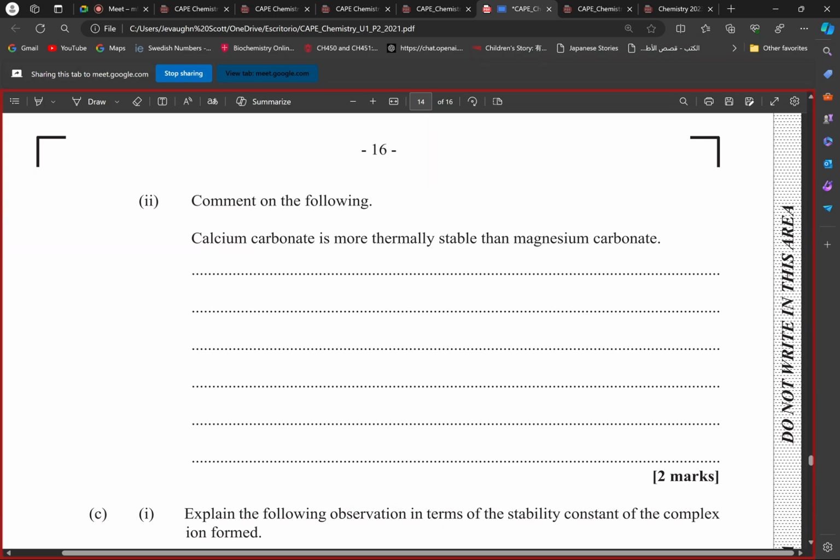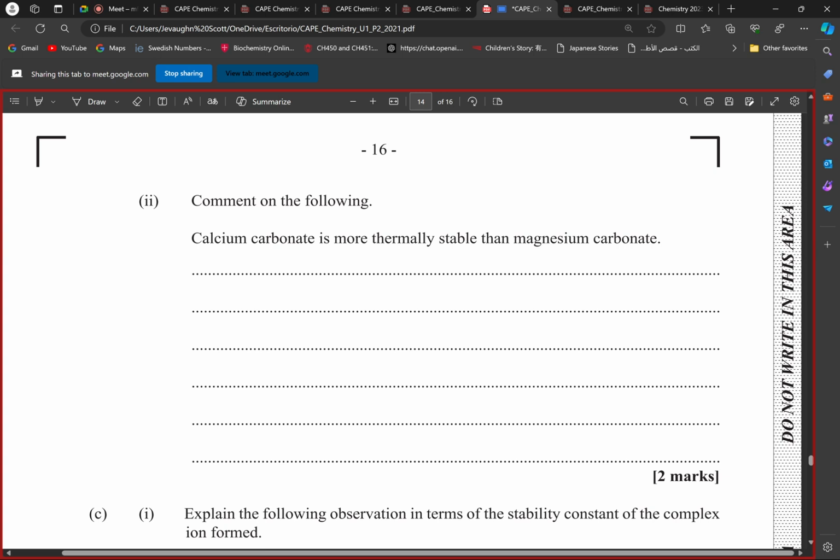The higher the polarizing power, the more the bonds become ionic in a way, whereas for calcium the polarizing effect would be lower. I don't know how to explain it better, but that's what I have.